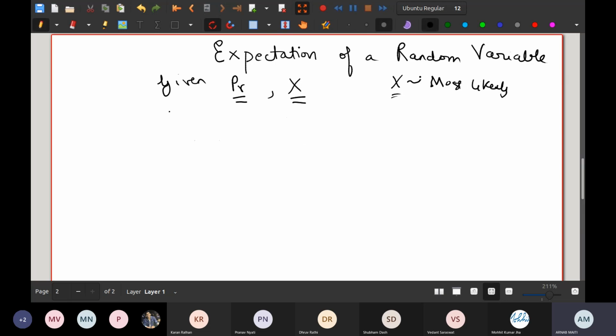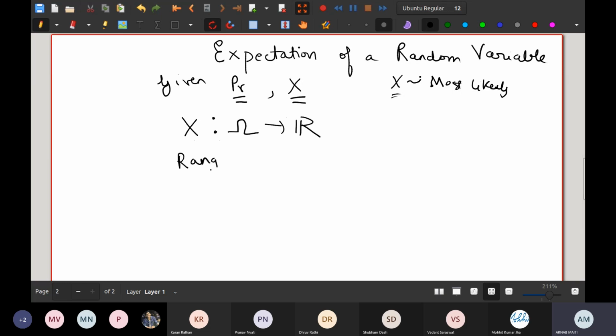For now, just assume this function X. We know that this function X is basically from the sample space to real numbers. So you'll have its range.